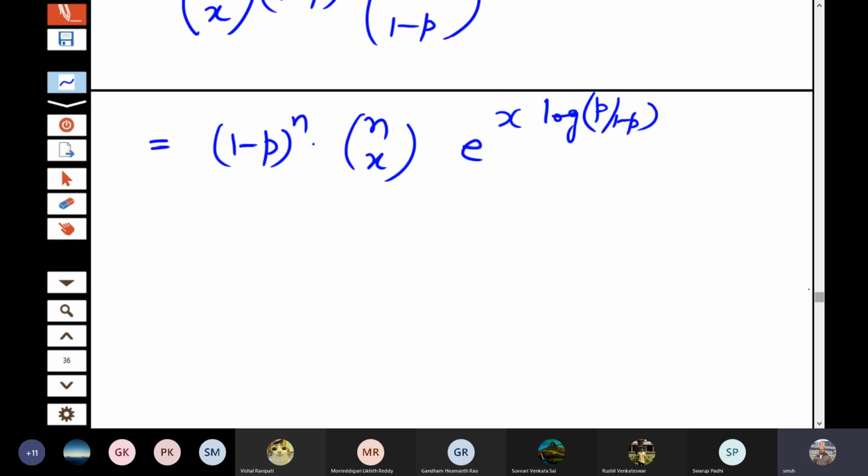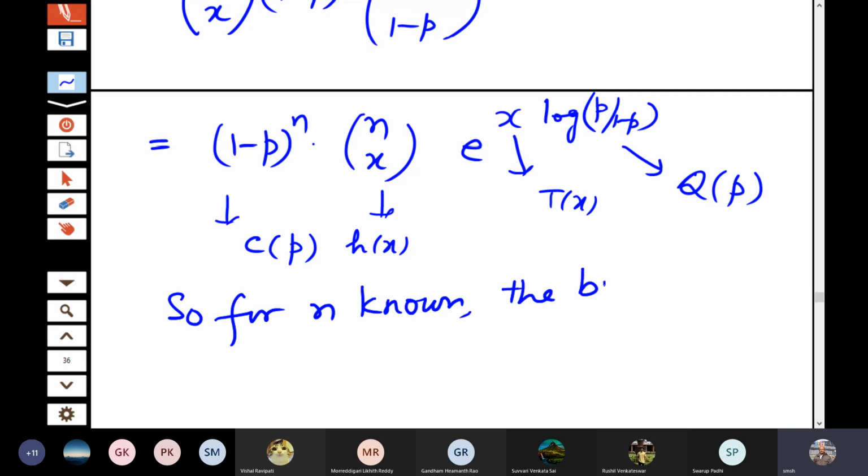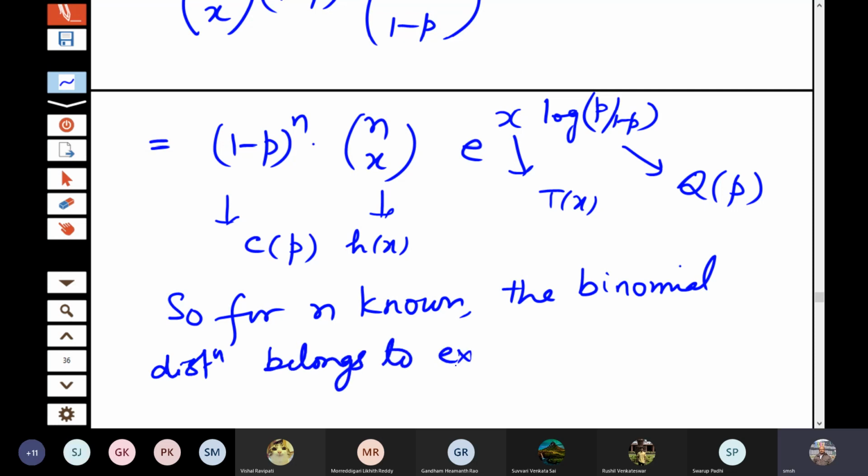So this is of the form that I wrote. This is now C of p, this is h(x), this is t(x), and this is q of p. So for n known, the binomial distribution belongs to the exponential family.